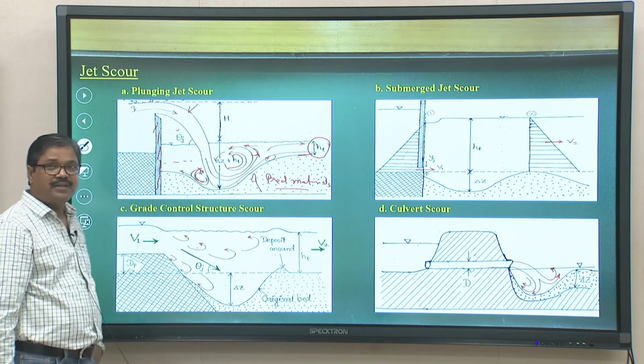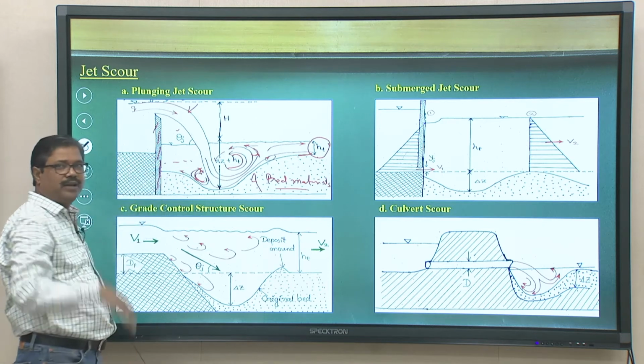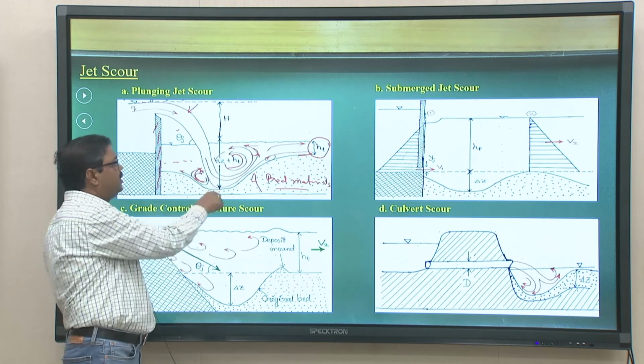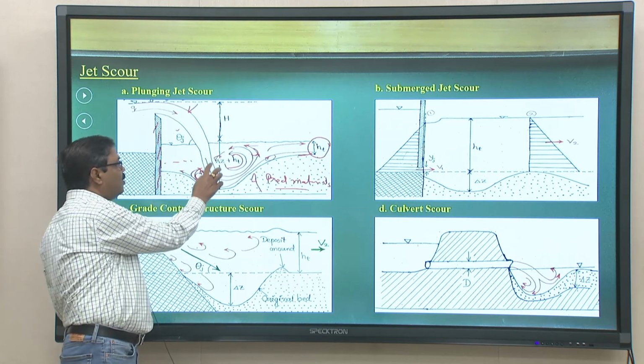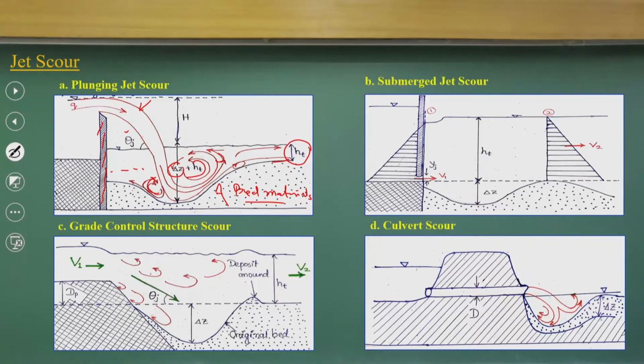So, this scour happens just downstream of a dam or a weir, where you have a water jet impinging on the tail waters. We need to find out the scour depth, delta z, and you can see the process.